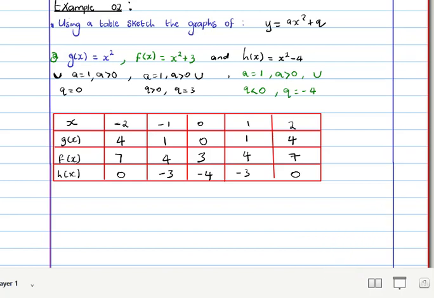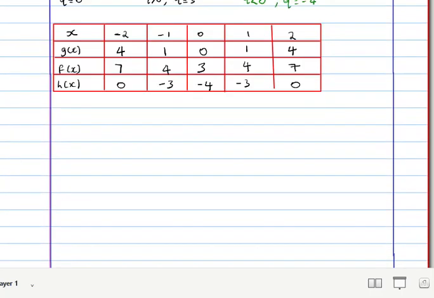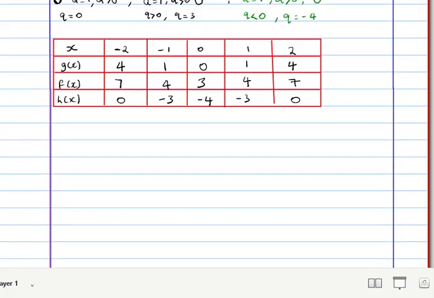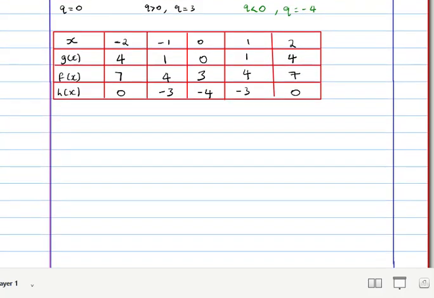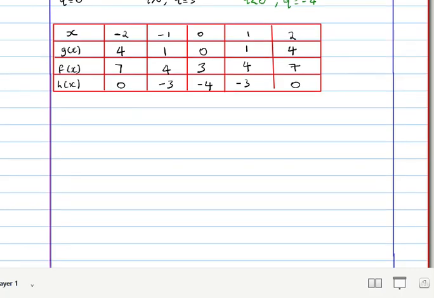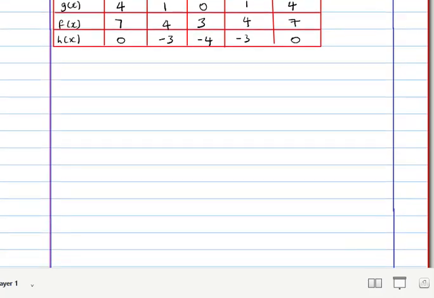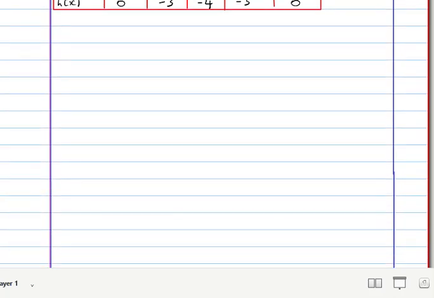Now we have to plot our graph. The biggest output value is 7. And look carefully here, we do have negative outputs, which are -3 and -4. So when we plot the graph, we should accommodate both sides, the top and the bottom.